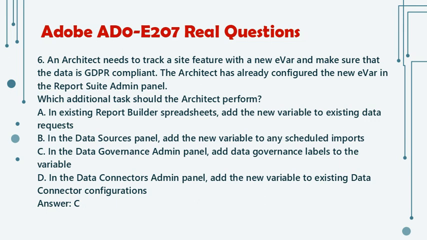B. In the Data Sources panel, add the new variable to any scheduled imports. C. In the Data Governance admin panel, add data governance labels to the variable. D. In the Data Connectors admin panel, add the new variable to existing data connector configurations. Answer: C.